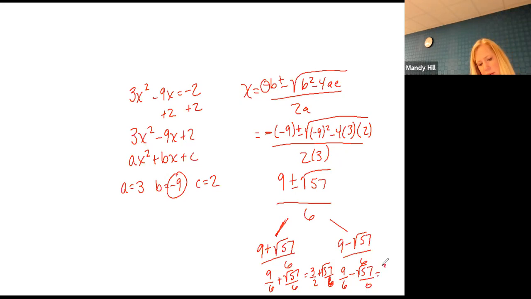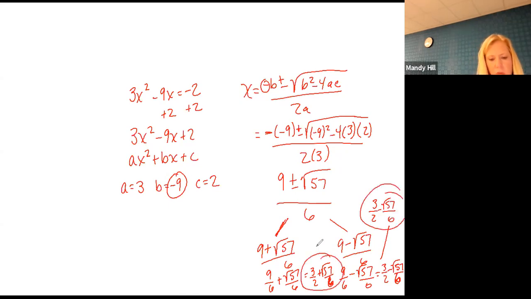But we can say 9/6 is 3/2. And that's going to reduce to square root of 57 over 6. So this answer and this answer would both be places where this thing's going to cross the x-axis.